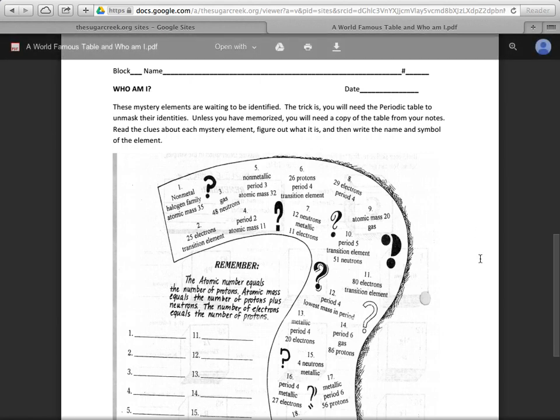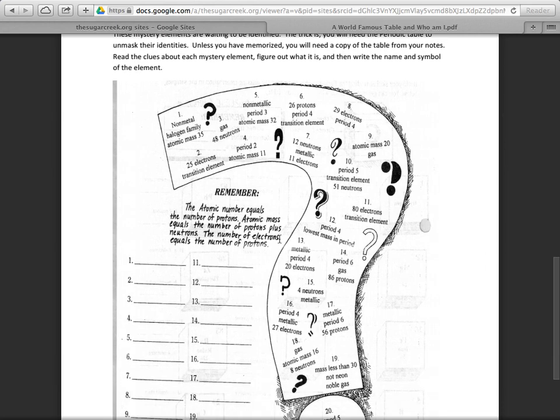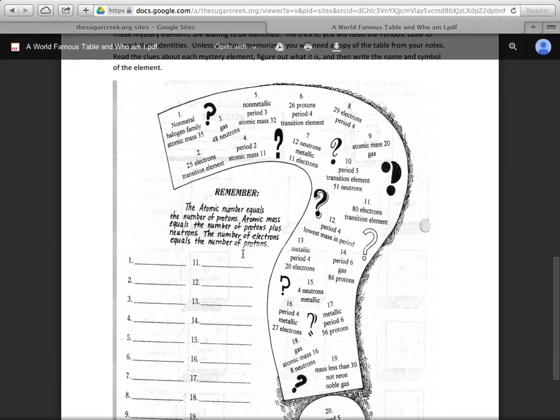Can I get a volunteer to read the instructions? Go ahead, Janie. Thank you. So let's look at number 1. Actually, remember this. This is the remember part again. I'm not going to read that.